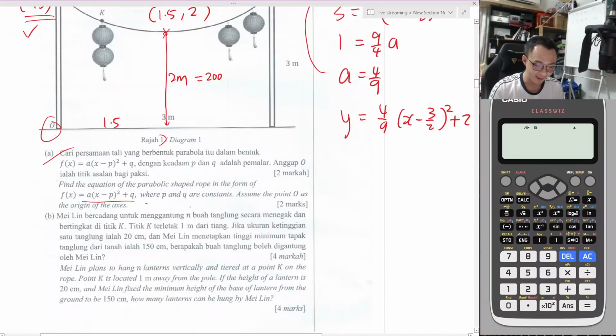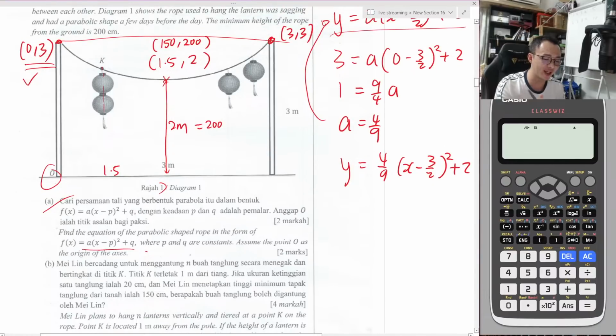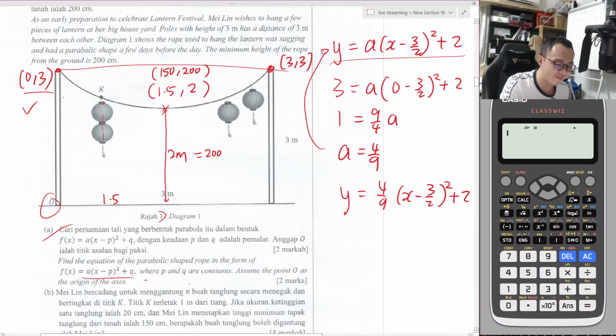Okay, so the Mailing plans to hang the lantern vertically and tie at the point K on the loops. So they basically want to hang the lantern like this. So point K is 1 meter away from the pole. I believe the 1 meter away means horizontally 1 meter. Because at first I might think, is it 1 meter from the top?